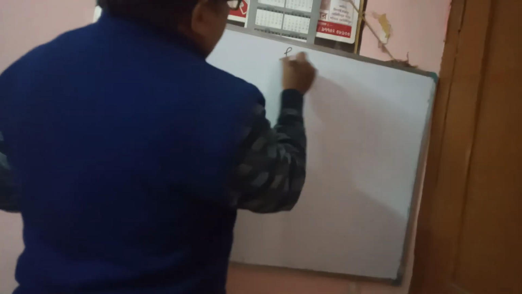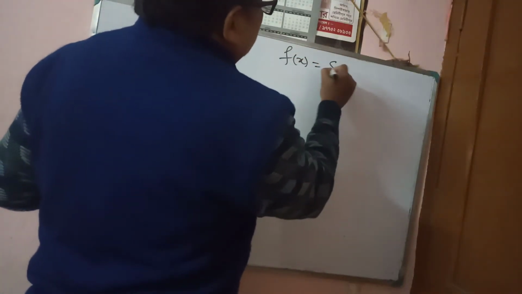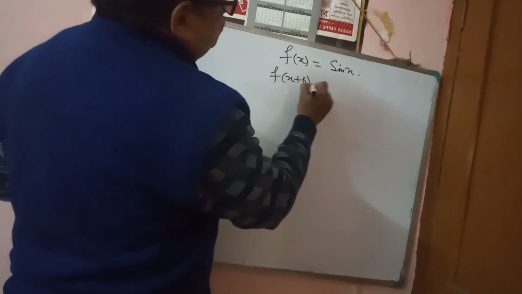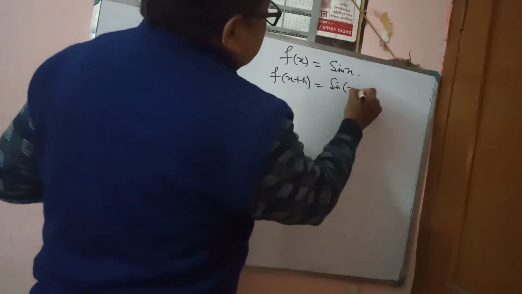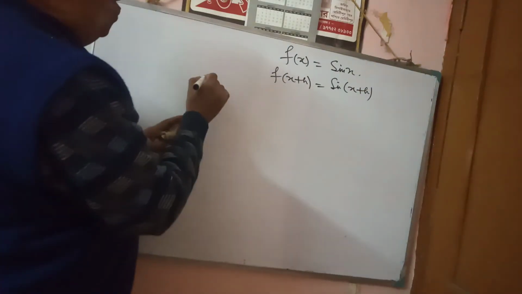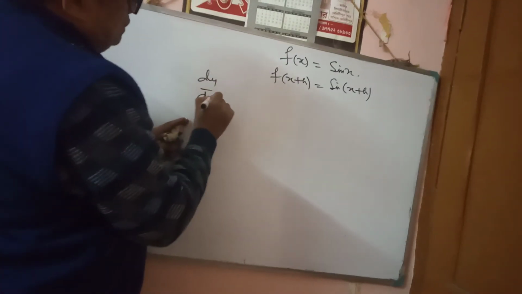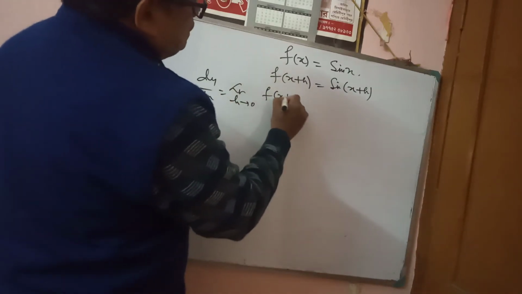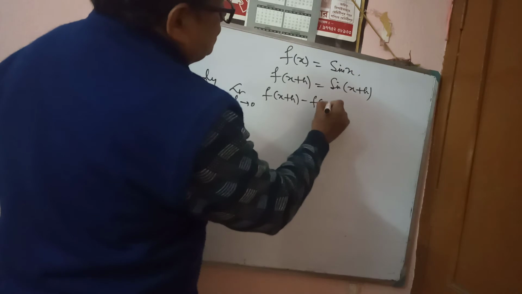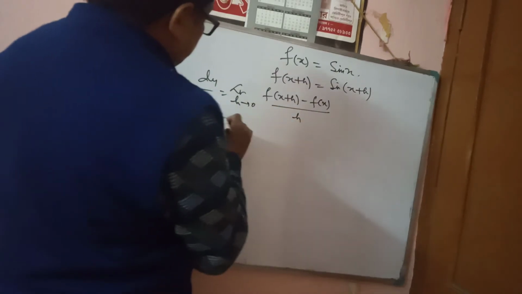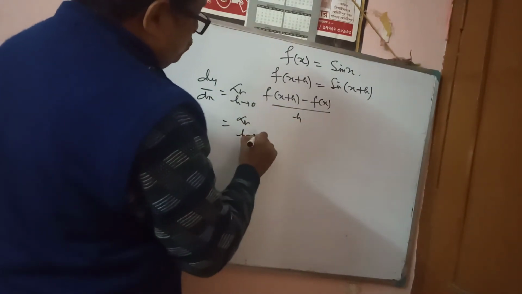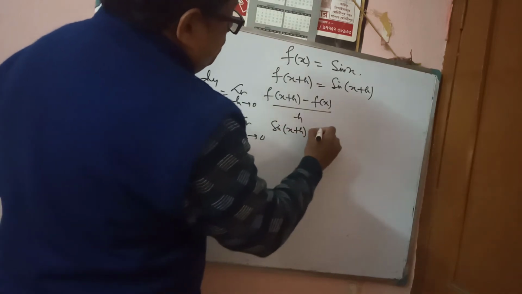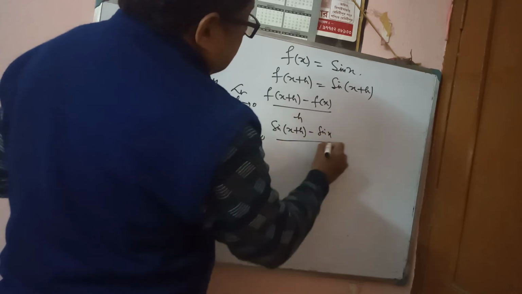Suppose f of x equal to sin x. So f of x plus h, in a similar way, sin of x plus h you can write. So write dy/dx equal to limit h tends to 0, f of x plus h minus f of x by h.